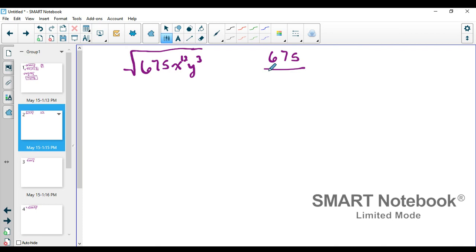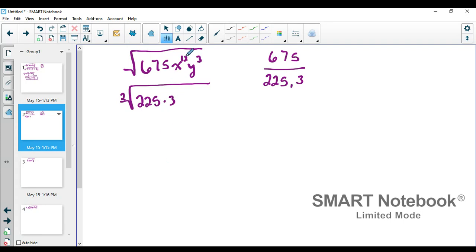Yep. So we have 225 and 3. So those are factors of 675 where one has the largest square root. So we're going to break this up. So remember our index here is 2. So this becomes 225 times 3.